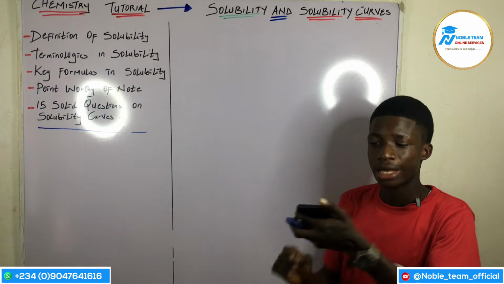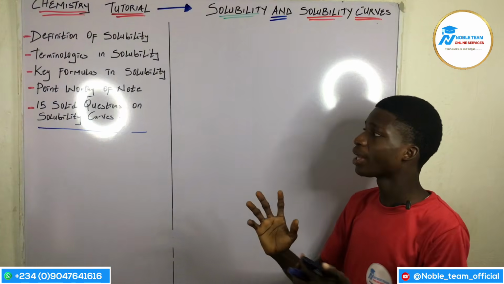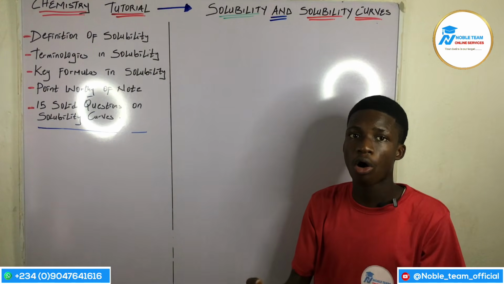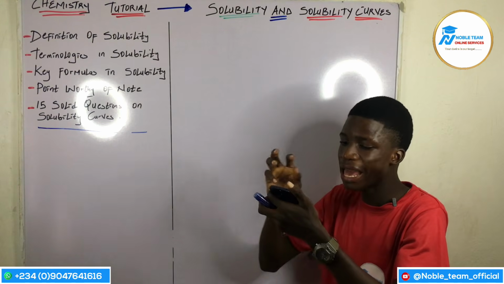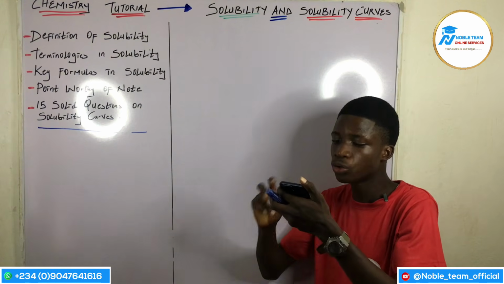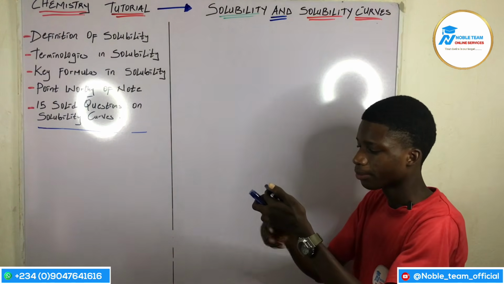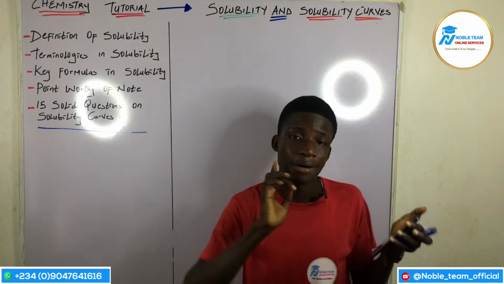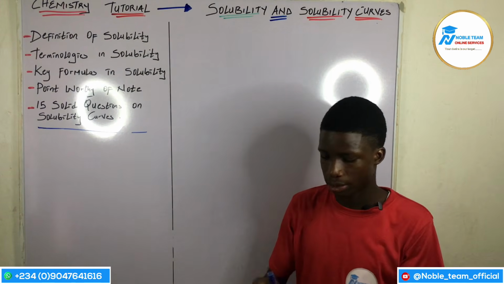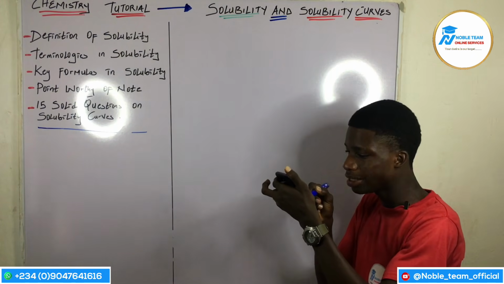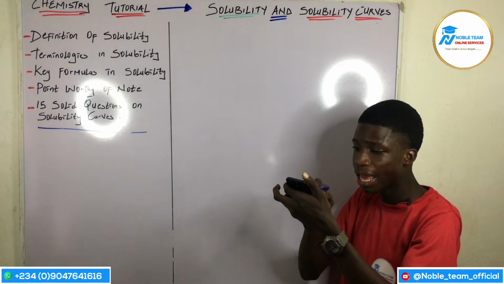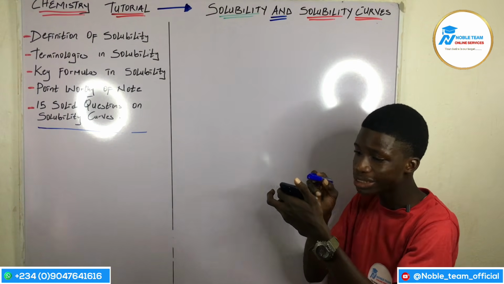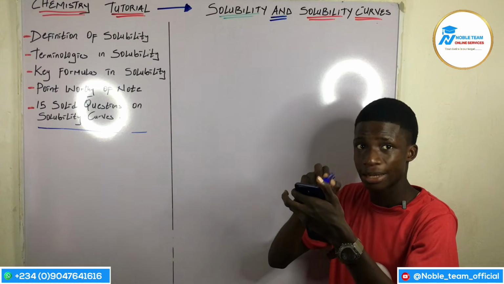Now looking at this, do you know that in this question we have the value of the solubility in mole per dm cube? The question says 80 degrees Celsius and also cooled to 40 degrees Celsius. For us to get our solubility in mole per dm cube, look at the graph. 80, which is the temperature, trace it to the word solubility in mole per dm cube on the graph.